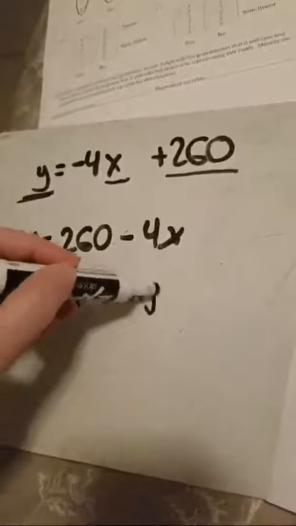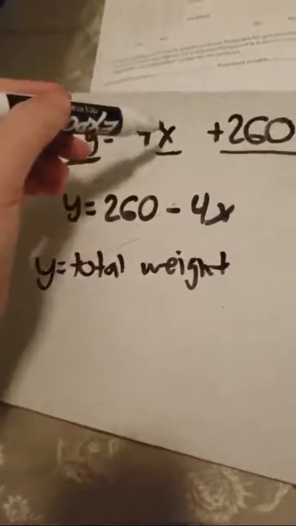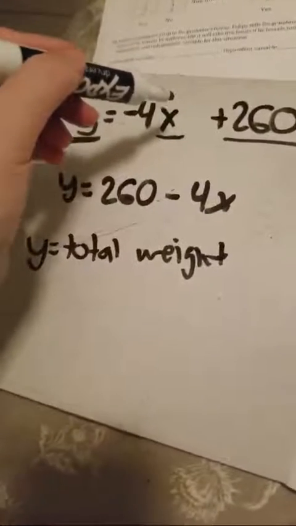Okay? So what this equation says is that my total pounds is going to be equal to losing 4 pounds per month off my additional 260. So y equals total weight, and that is equal to losing 4 pounds per month.